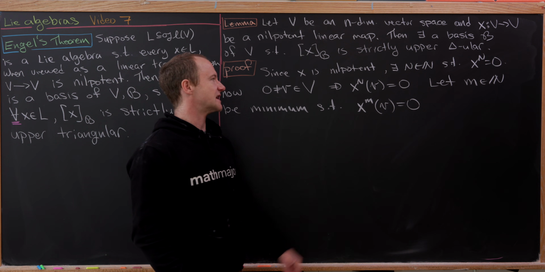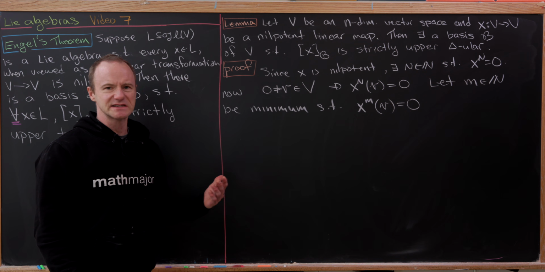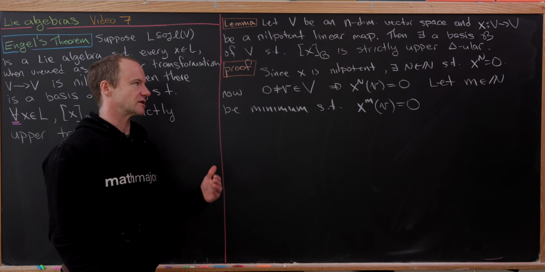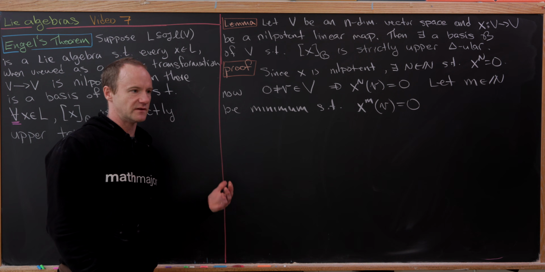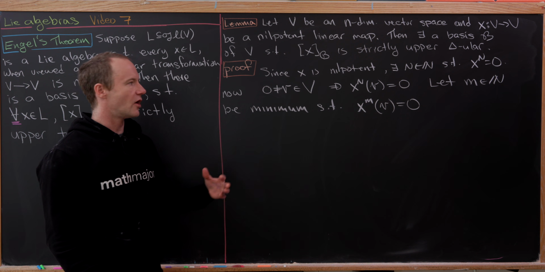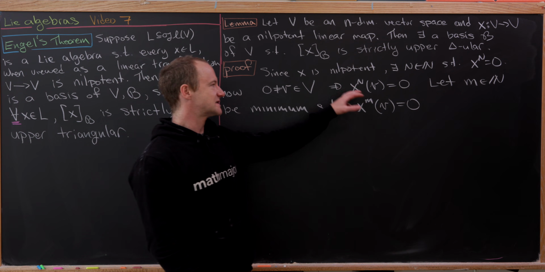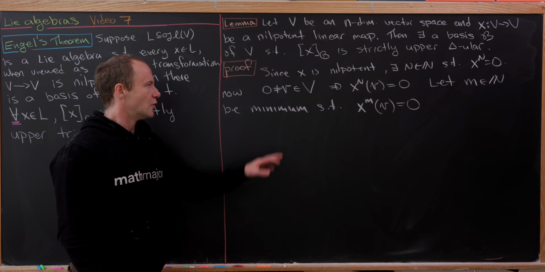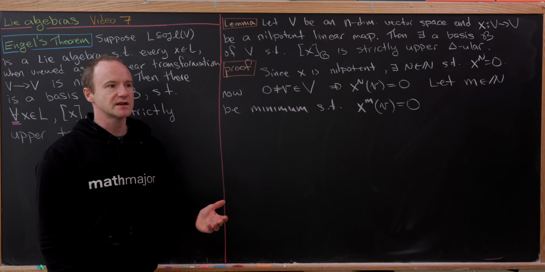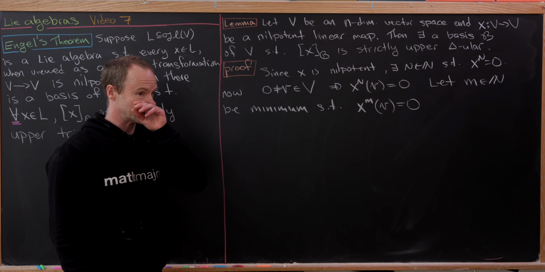Notice that since n is a natural number, we can easily list powers of x here. So we've got x evaluated at v, x squared evaluated at v, x cubed evaluated at v, all the way up to x to the n evaluated at v. We know x to the n evaluated at v is equal to 0, but we may have chosen v so that x to the n minus 1 evaluated at v is also equal to 0.